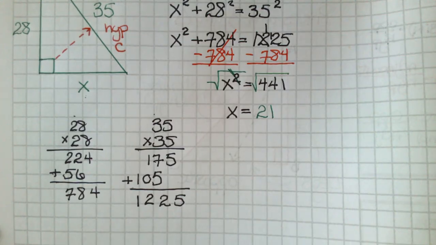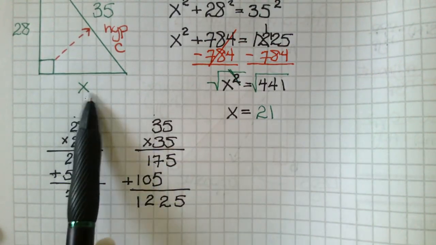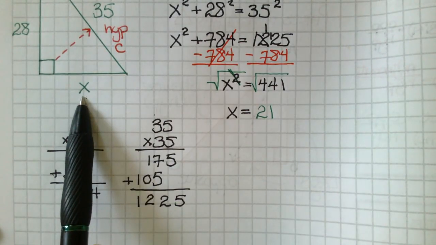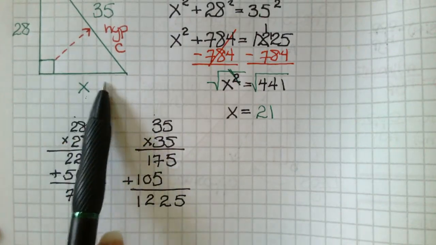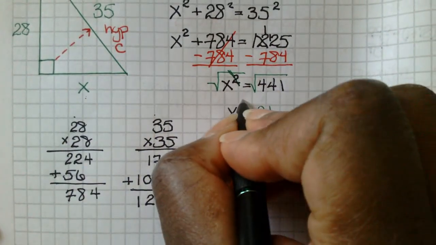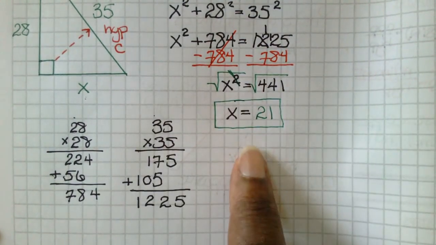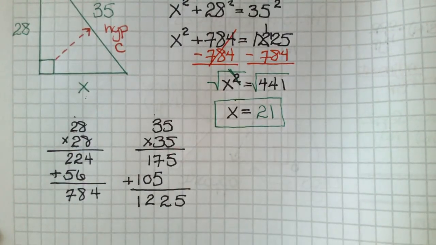When you're solving, you're going to have two solutions. I get that. But does it make sense to have a negative length of a side? No. So you're going to have a positive length of a side. That's why most instructors just focus on the positive when you're doing your Pythagorean Theorem.